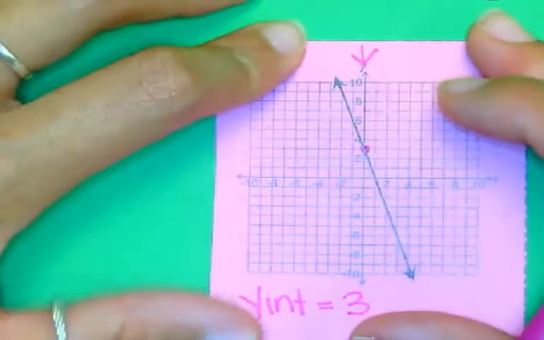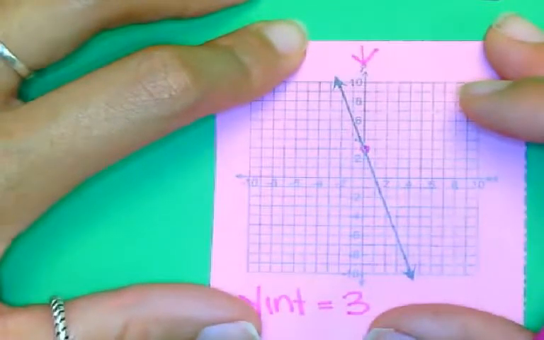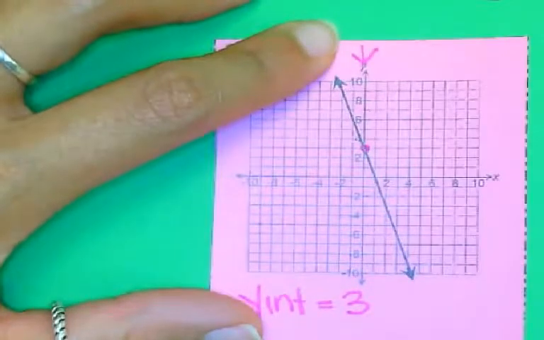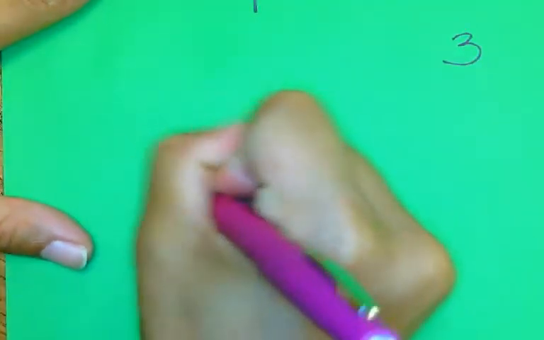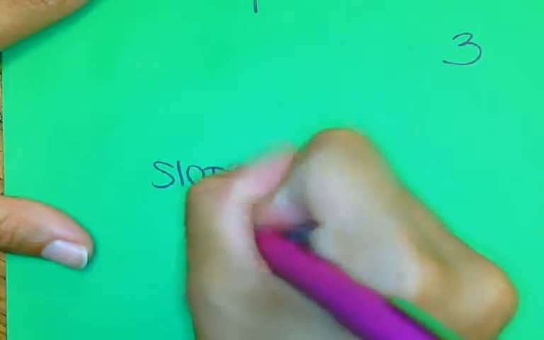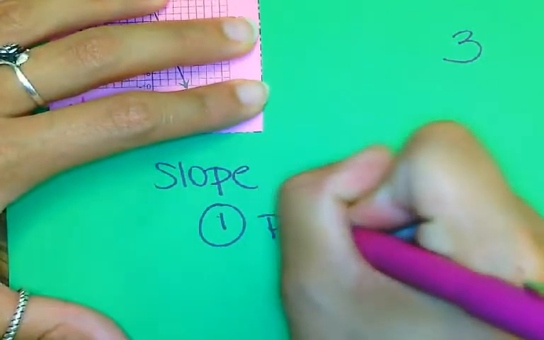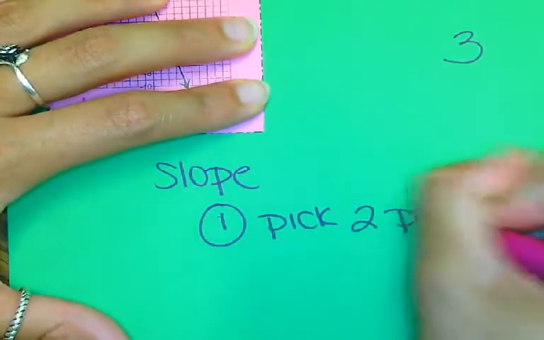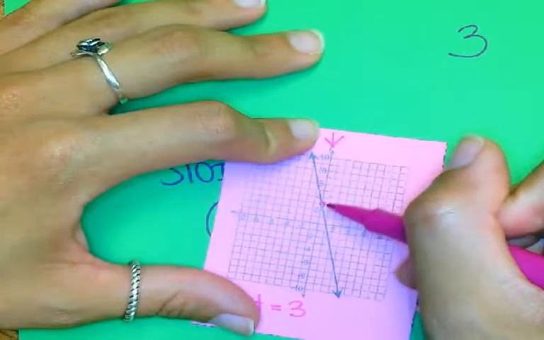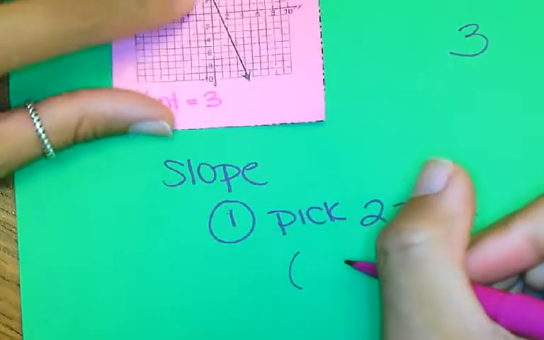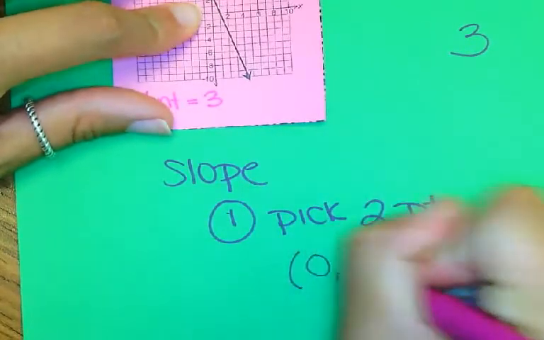All right? Now, your slope. There's 2 ways to find slope, okay? 2 ways. The first way to find slope is you pick 2 points. Okay, pick 2 points. So we have a point here, which we got was our y-intercept. So that is (0, 3).